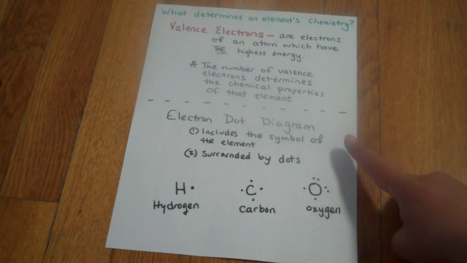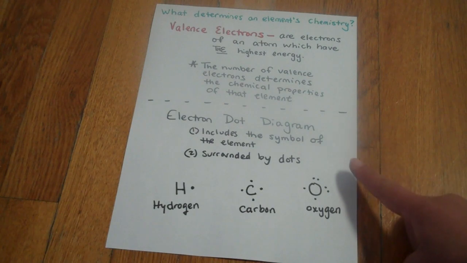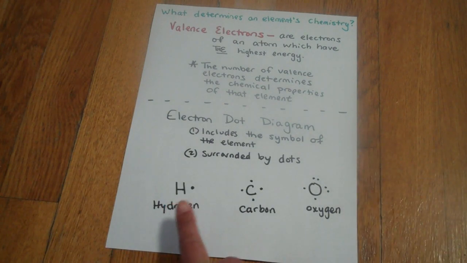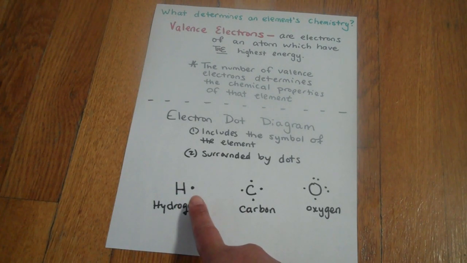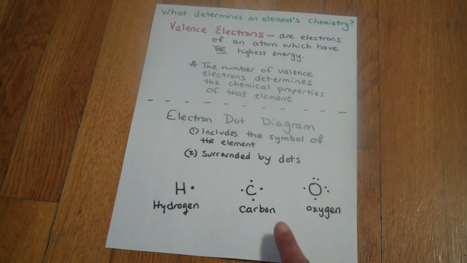And to symbolize just the outside electrons, we will show them in what's called an electron dot diagram, which includes the symbol of the element surrounded by dots. For example, here's hydrogen. The symbol for hydrogen is H, and then we put 1 dot because there's 1 electron on the outermost level for hydrogen.